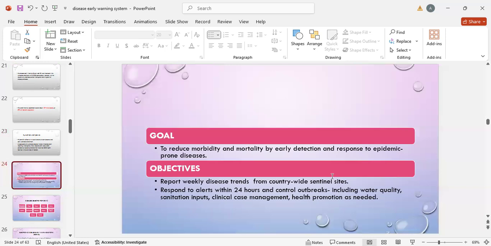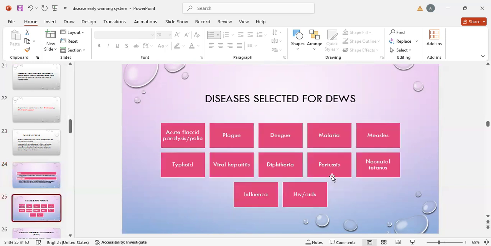Goal. Its goal is to reduce morbidity and mortality by early detection and response to epidemic-prone disease, and its objectives are to report weekly disease trends from countrywide sentinel sites, and respond to alerts within 24 hours and control outbreaks, including water quality, sanitation input, clinical case management, and health promotion as needed.